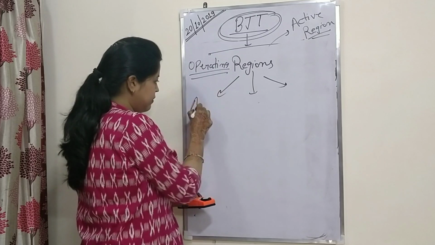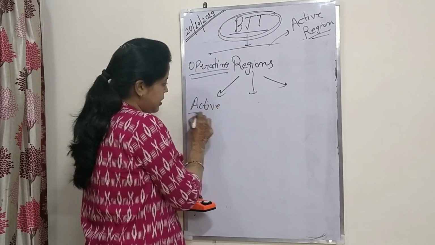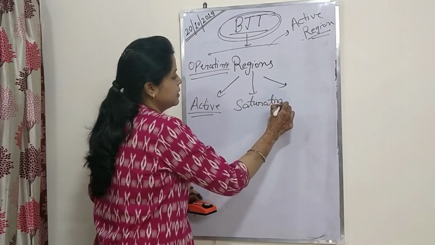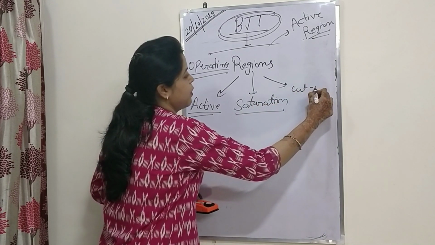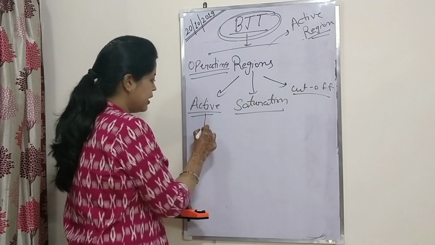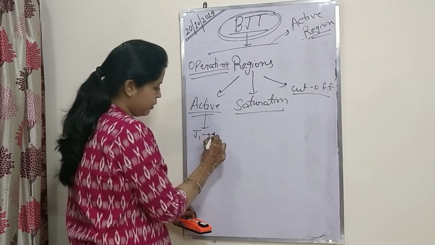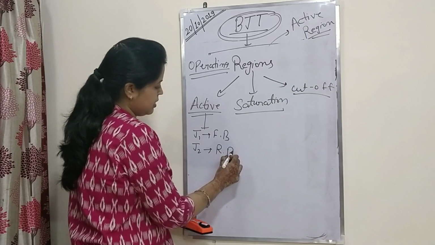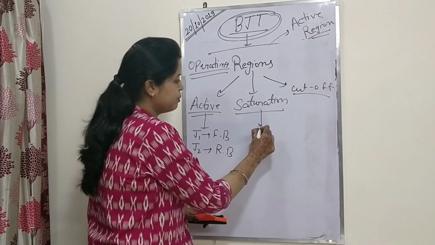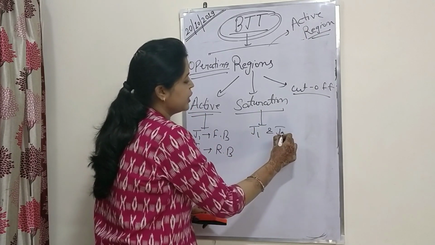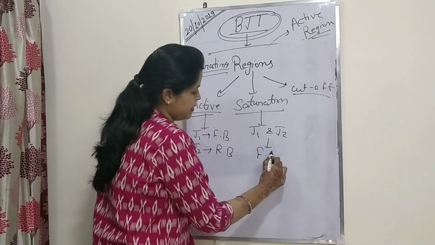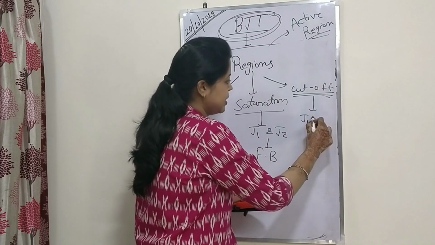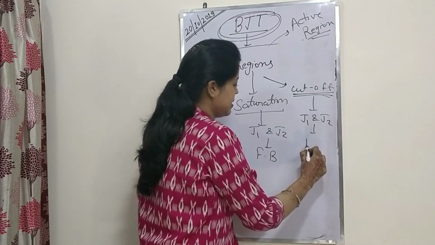The first is active region, second is saturation, and the third one is cutoff. In active, the J1 junction will be forward biased, J2 reverse biased, while in saturation both J1 and J2 will be forward biased, while in cutoff J1 and J2 will be reverse biased.